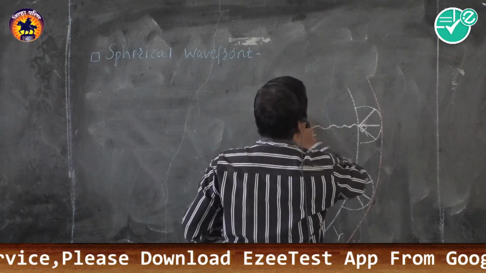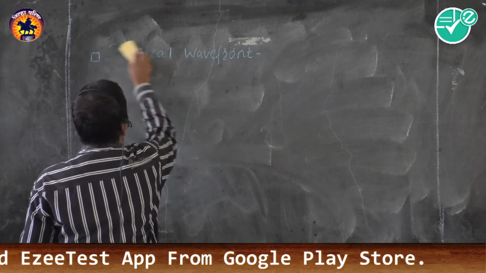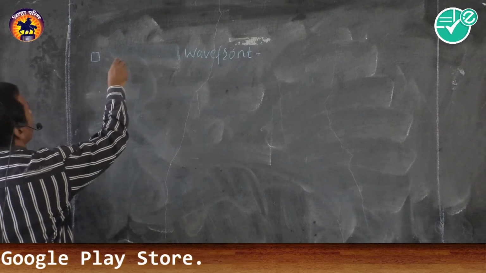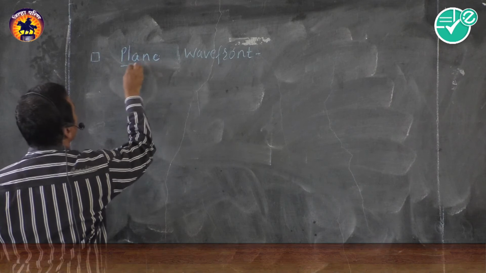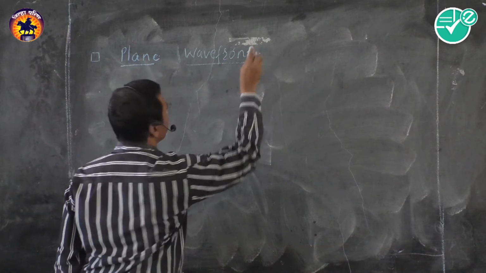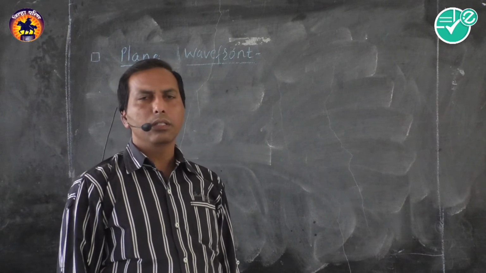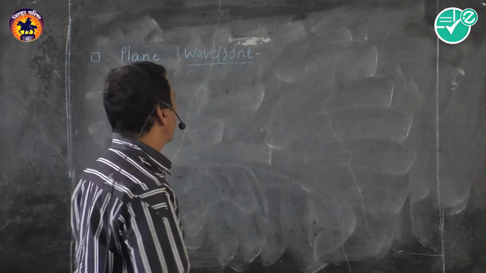Let us construct the plane wavefront. We have studied spherical wavefront. The next one is plane wavefront. Remember, plane wavefront is nothing but a small part of spherical wavefront.